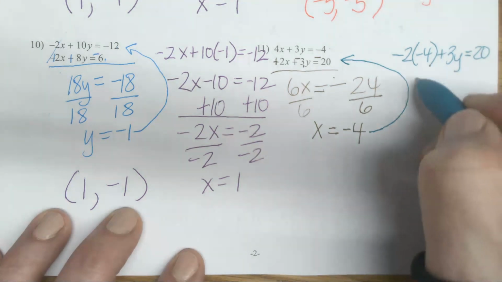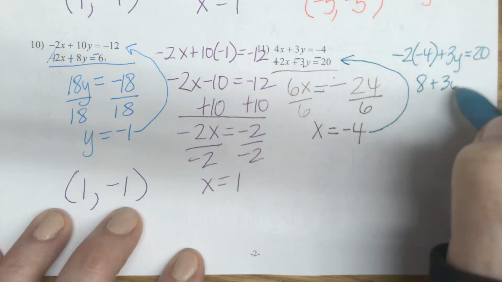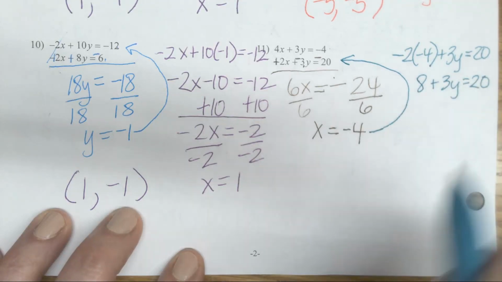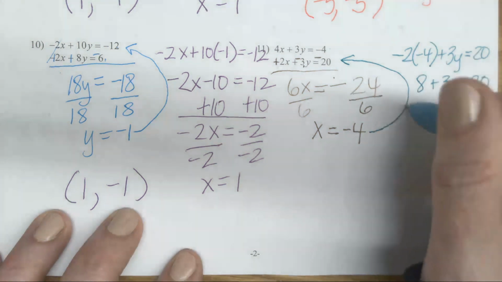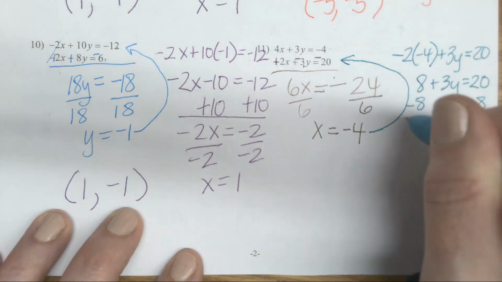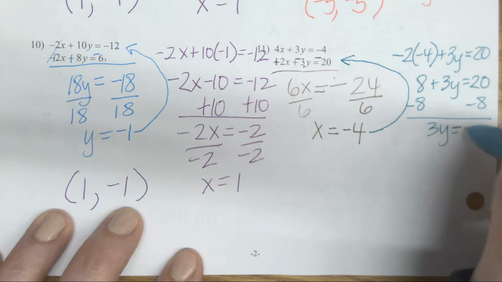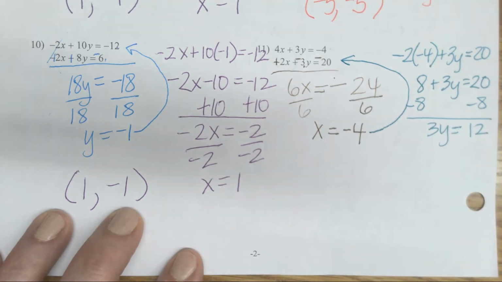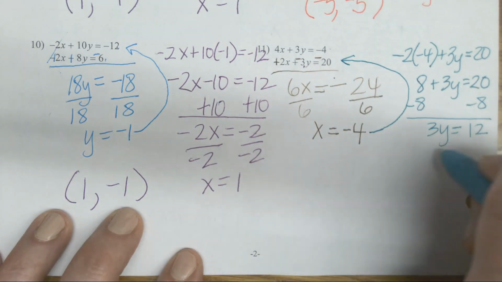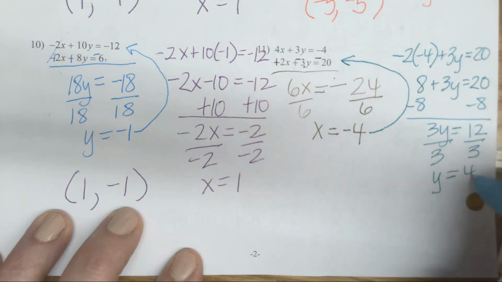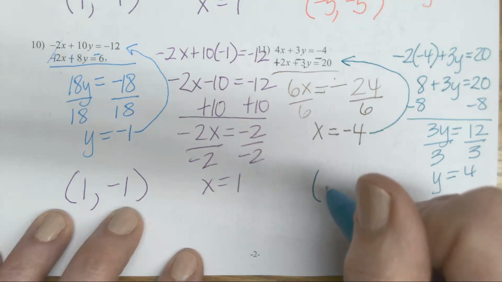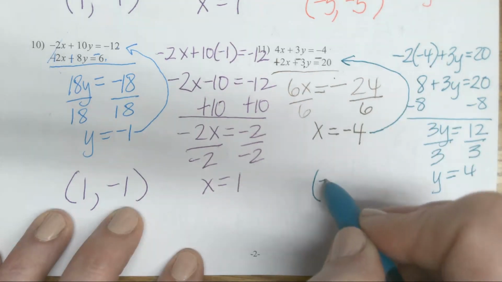This is 8 plus 3y equals 20. Now I solve. Subtract 8. You got 12, and then you divide 12 by 3, and then you get 4. So your answer will be negative 4, 4.